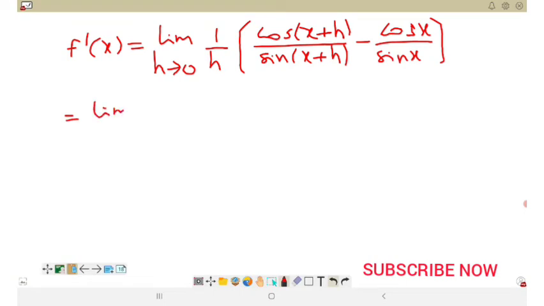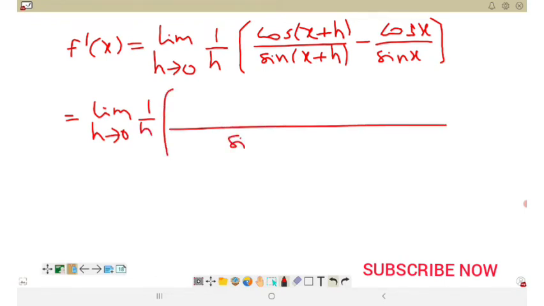So the limit h tends to 0 of 1 by h into the LCM, sin of x plus h into sin x.